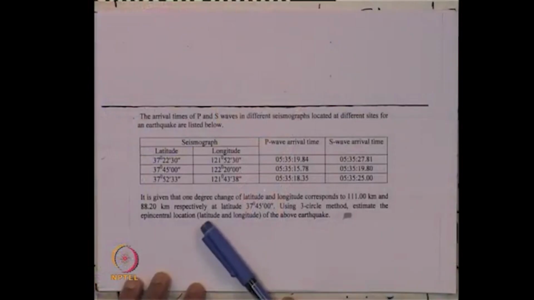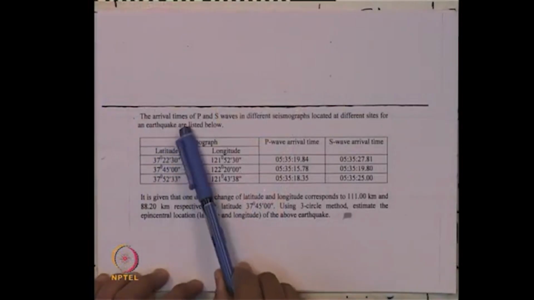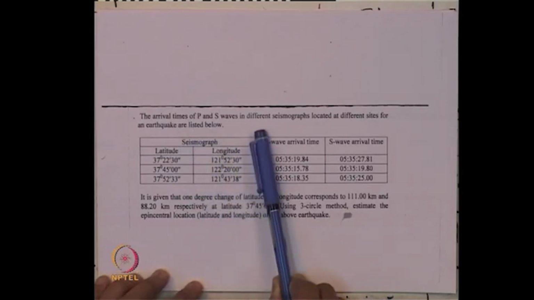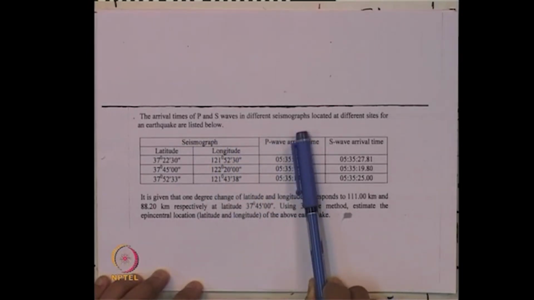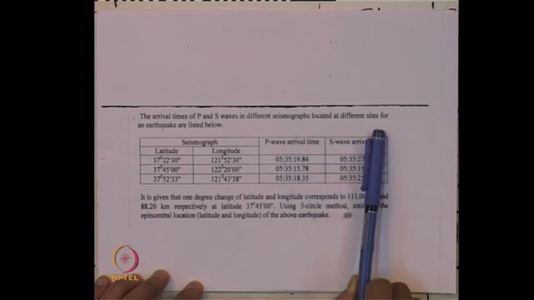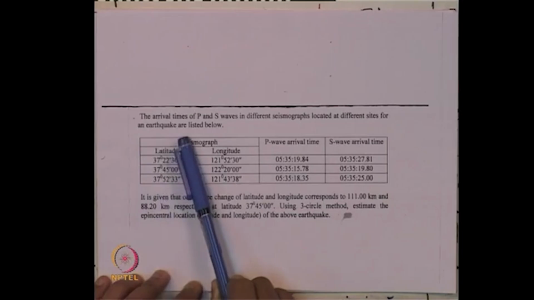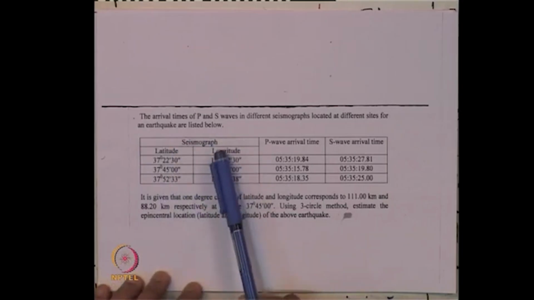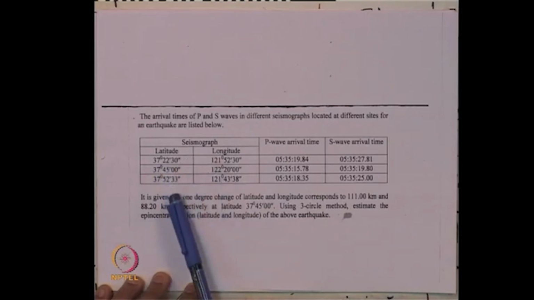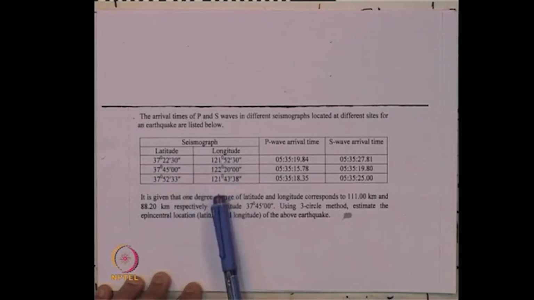The problem says the arrival times of P and S waves in different seismographs located at different sites for an earthquake are given below. These are the seismograph stations; 3 stations have been given with their latitude and longitude.